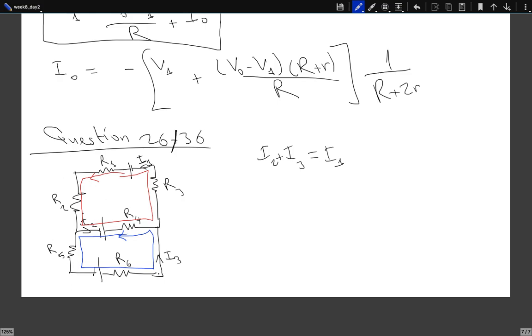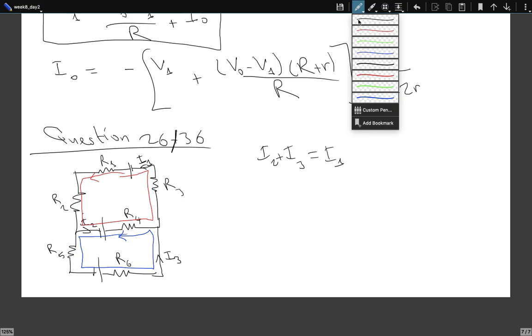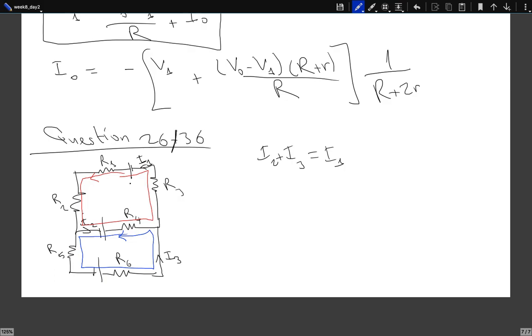Let's just say that they all have the same EMF, V, or V1, V2, V3. Now, what is the potential drop as I go from this point to this point? Minus V1.